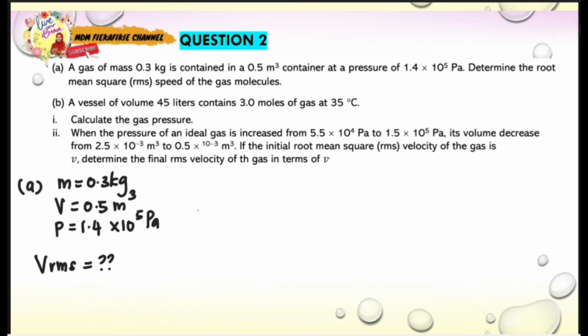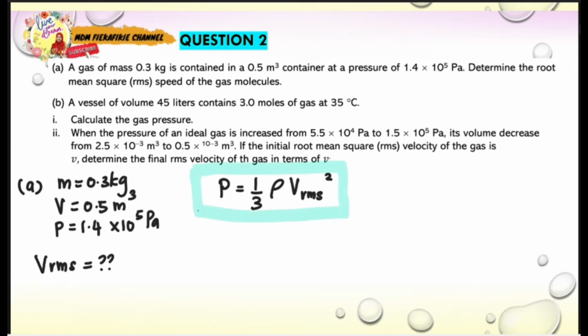Why do I say I want to calculate density? Because I have pressure and I have M over V, which is density, and we want to find VRMS. When we check the list of equations, we know one equation that relates pressure, density and VRMS is P is equal to 1 over 3 rho VRMS squared. I believe you have come across this equation.